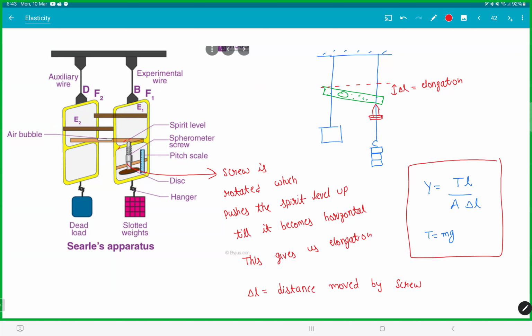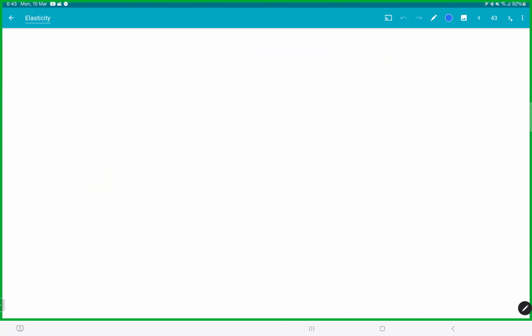So based on this experiment, now if you keep loading this material, you will notice you have something called a stress strain curve. So how does this wire behave? If you plot the graph between stress and strain, again, like I keep saying, whenever you think of stress, think about force, and strain, think of elongation.